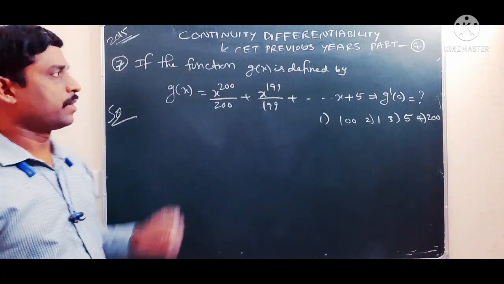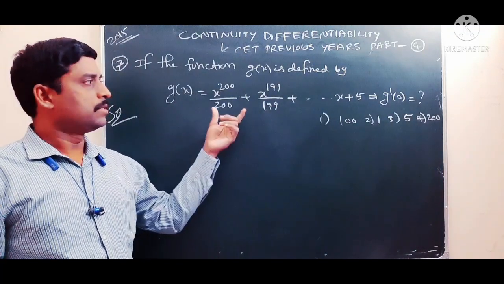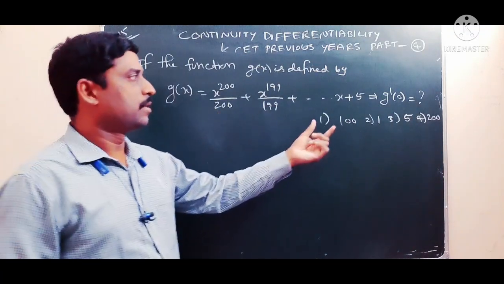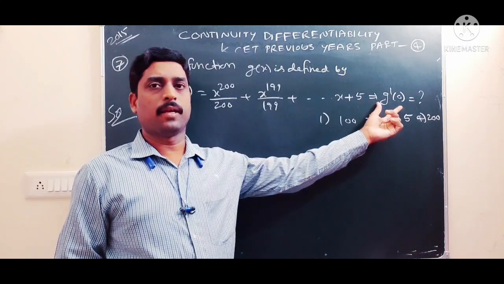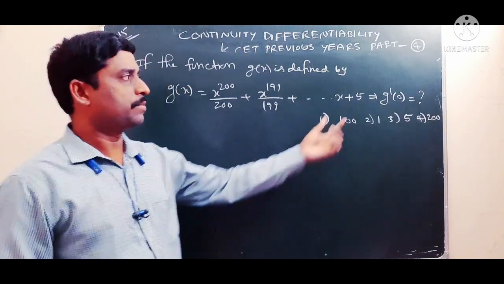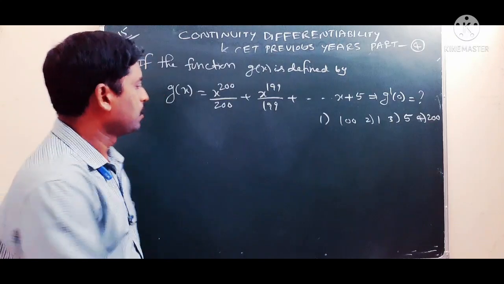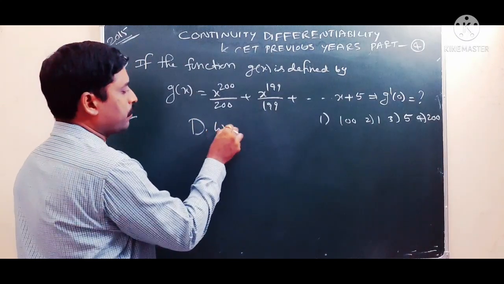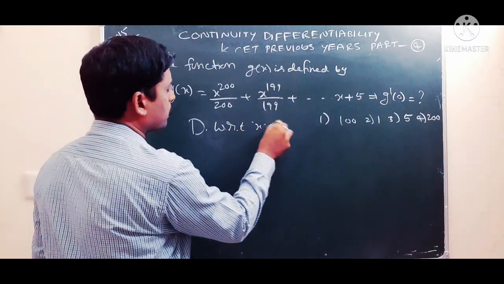This is from 2015. So what is given? G of x function is given. Then we have to find g dash of 0. So g dash means derivative of the function. Now applying derivative with respect to x on both sides.